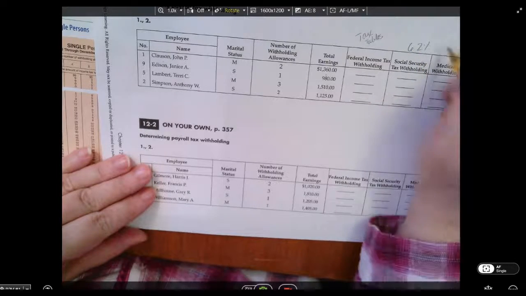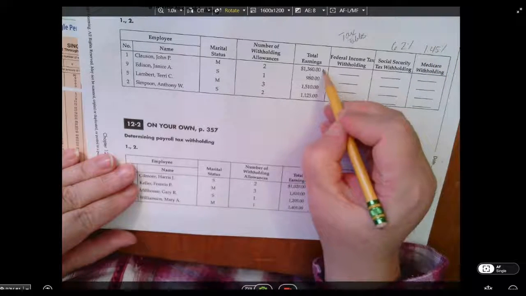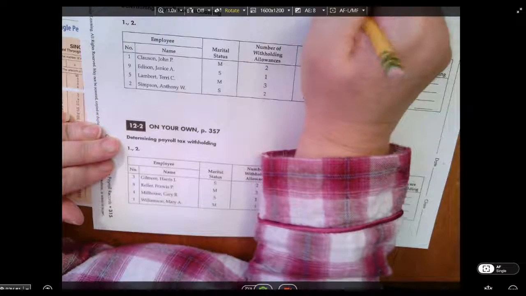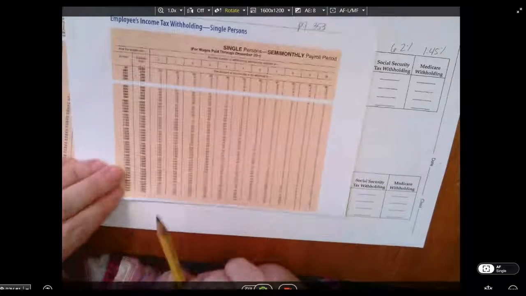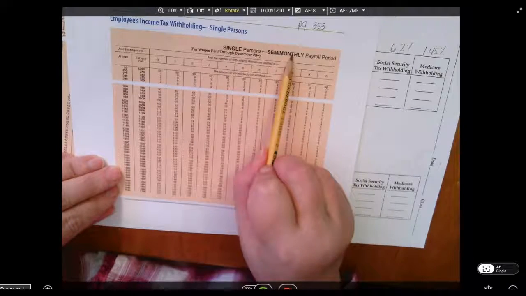And Medicare is what percent, against your total earnings. We know that this is a semi-monthly pay period, so we have to look for the semi-monthly tax tables. This is a tax table for a single person, semi-monthly.